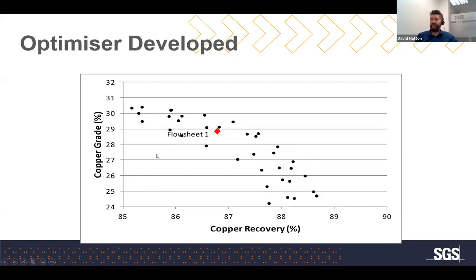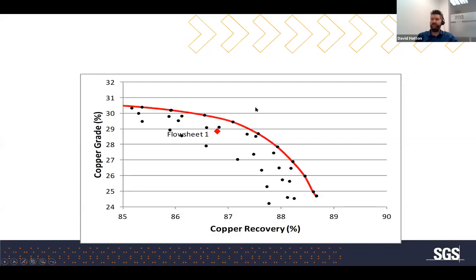By doing that, the software and the computer runs through many thousands of scenarios, and it's trying to target the best possible results sitting with the highest grades and recoveries, as shown in this curve here. So we end up with a boundary line sitting something like that. And that's our optimal grade recovery curve that we're looking for.